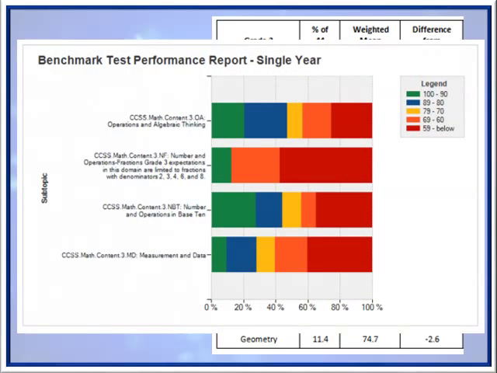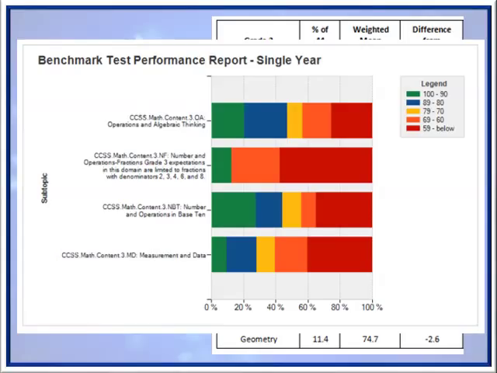But let's go ahead and compare this to that cumulative third quarter benchmark, just to make sure that these are still some areas of weakness. And yep, it's looking like fractions here and measurement and data, those are some areas of weakness, definitely. I want to point out that those fractions items, now a lot of the fractions content had not been taught at the time of taking this benchmark, so that data may be skewed a bit.